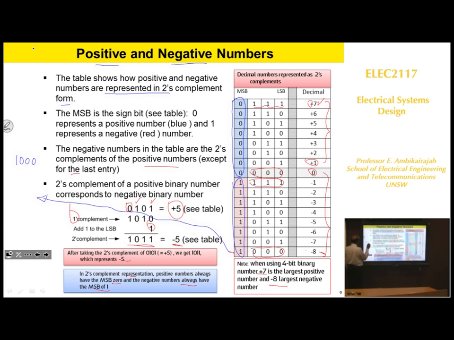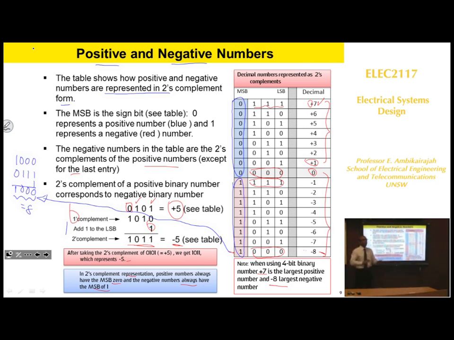Invert first, that's 1, 1, 1, 0. Then add 1 to it. That's how you do the 2's complement. So this value now is equal to 8. So that's how you get the minus 8.